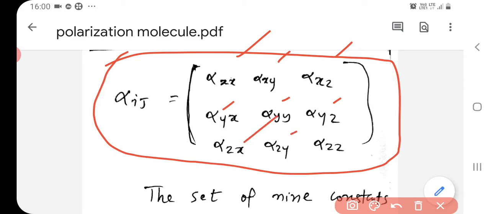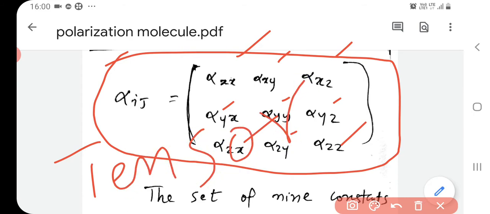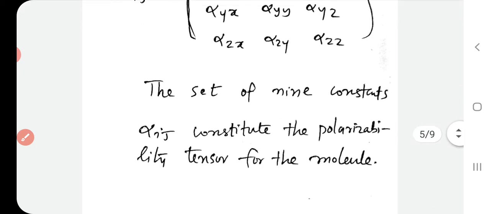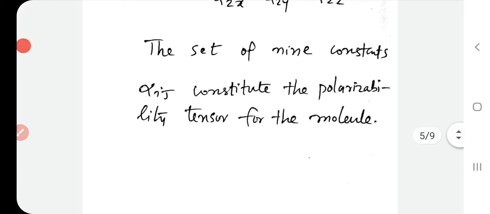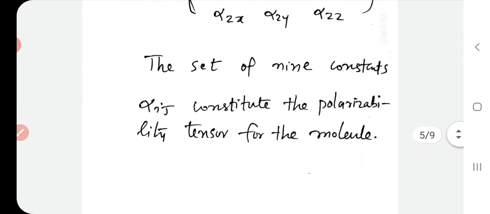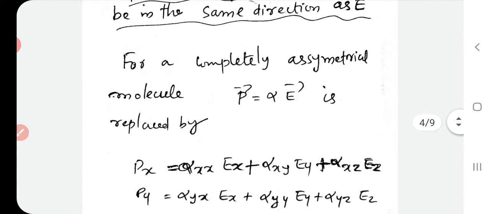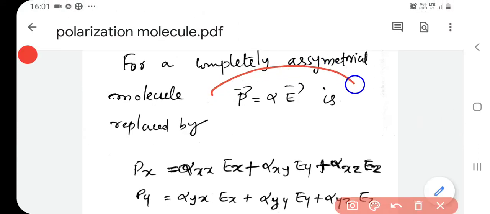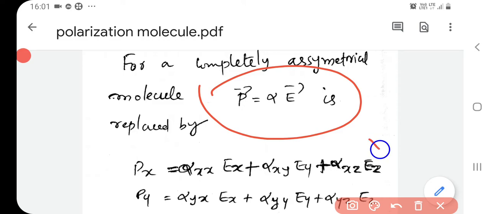These 9 components form a tensor. So the polarizability tensor alpha ij constitutes the polarizability tensor for the molecule. Generally the equation P equal to alpha E is written in this form, where alpha is a tensor.